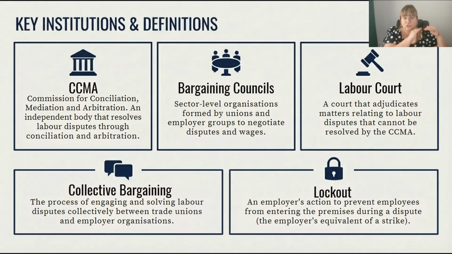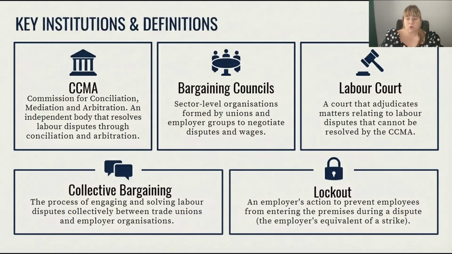And then if it doesn't get resolved at that level through conciliation, mediation, and arbitration, it can then go to the labor courts. Then bargaining councils, sector-level organizations formed by unions and employer groups to negotiate disputes and wages.